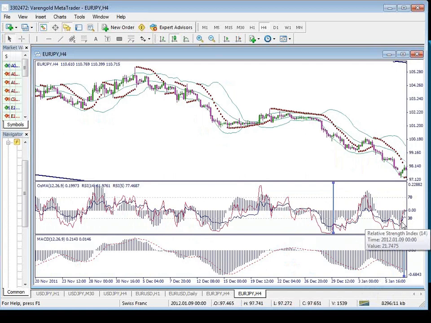So here I have the cross on the 4-hour chart. Here I have the cross of RSI. I have a low on the oscillator, and here I'm very close to a signal for buy on MACD. So here is one signal. Here is the second one.